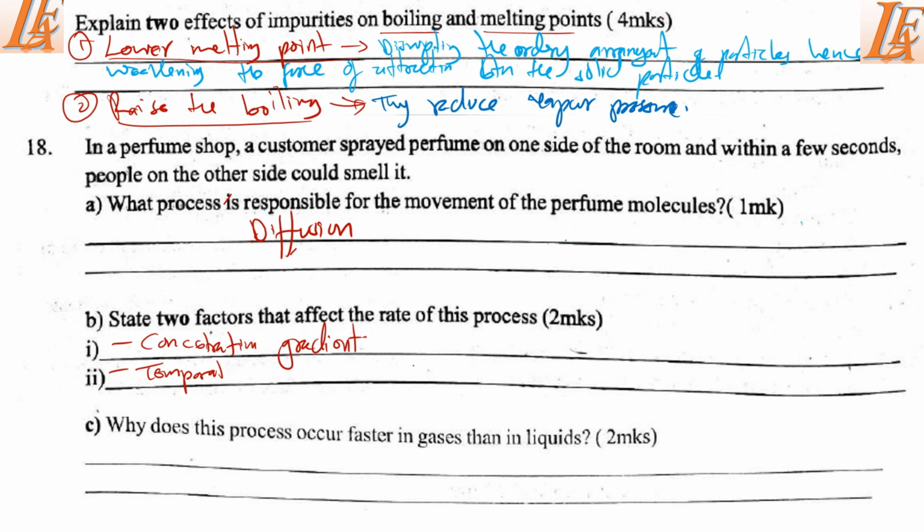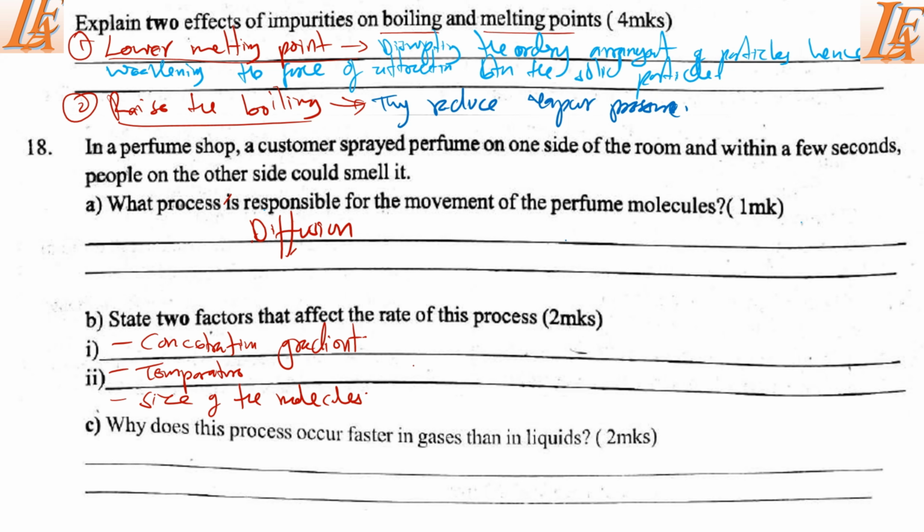If the temperature is very high, diffusion is very fast. If the temperature is low, the particles move slowly. Then another one is the size of the molecules involved. If the molecules are very large, then the rate of diffusion is low, and if the molecules are very small, then the rate of diffusion is very fast.